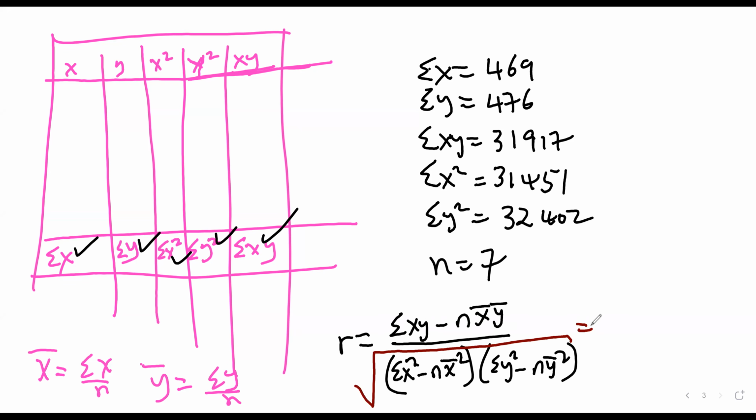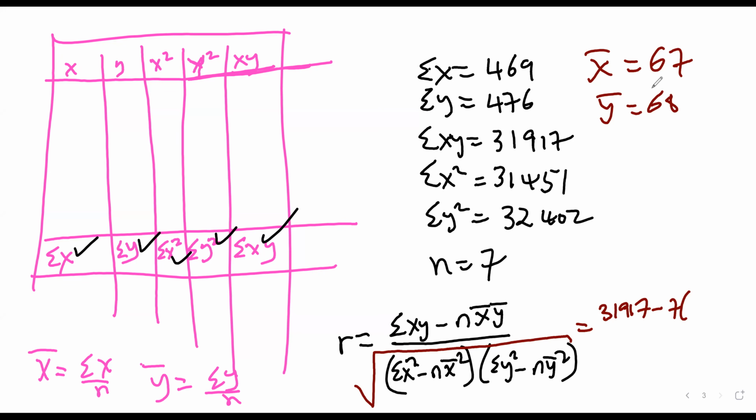So this is 917 minus n, which is 7, multiplied by x bar. We didn't get x bar, so we need to get x bar. You saw the value of x bar is 67 and the value of y bar is 68.